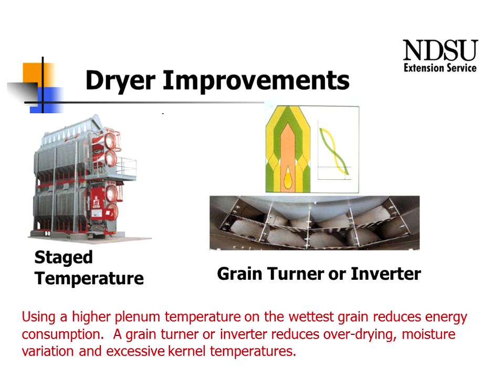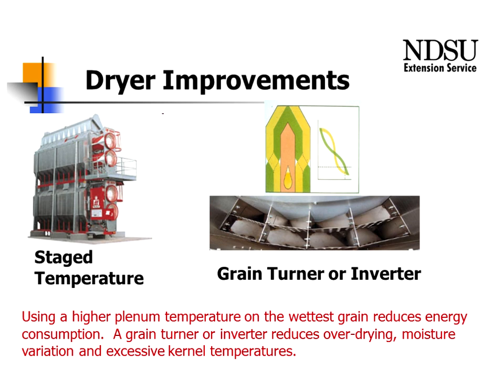We go with what is called a grain turner or grain inverter, and this has become extremely important in our dryer design. What we're doing here is taking the corn that was on the inside of the column and moving it to the exterior of the column, taking the corn on the exterior and moving it to the interior.